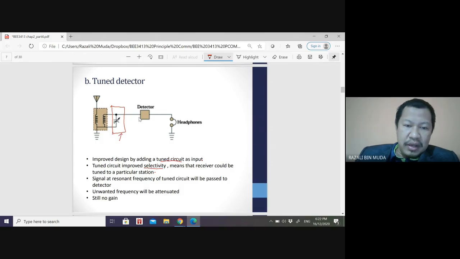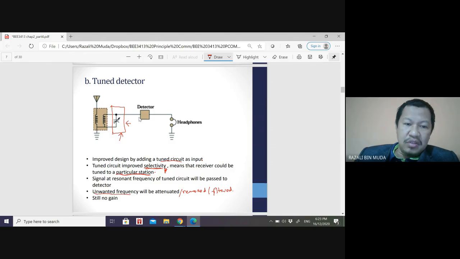A signal at the resonant frequency of the tune circuit will be passed to the detector, and unwanted frequency will be attenuated, removed, or filtered. So now you have some selectivity.